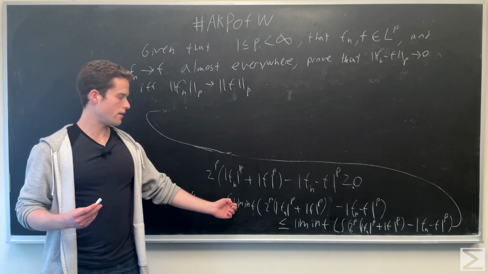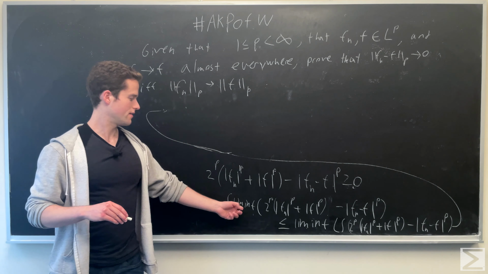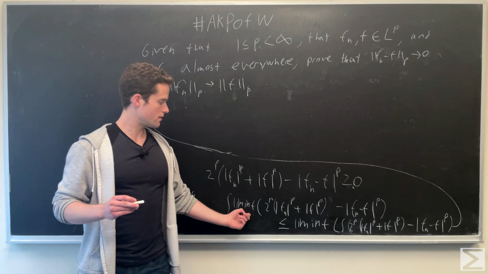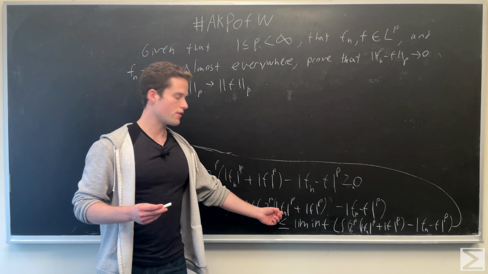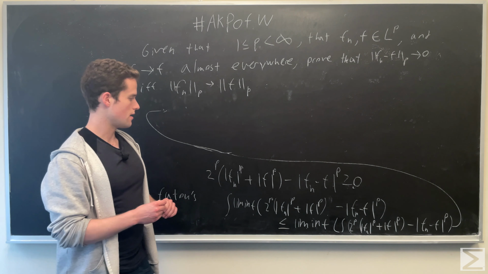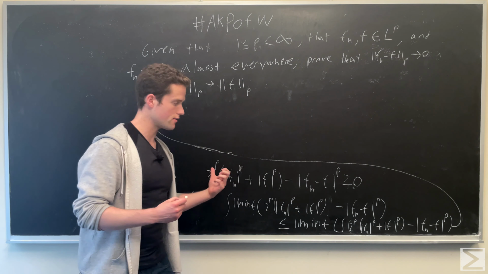And so we have the lim inf of the integral is going to be greater than or equal to the integral of the lim inf on the outside. And so once we carry these limits, f_n approaches f pointwise, so the lim inf of that is just f. And since these approach a concrete limit, we can kind of pull it out.